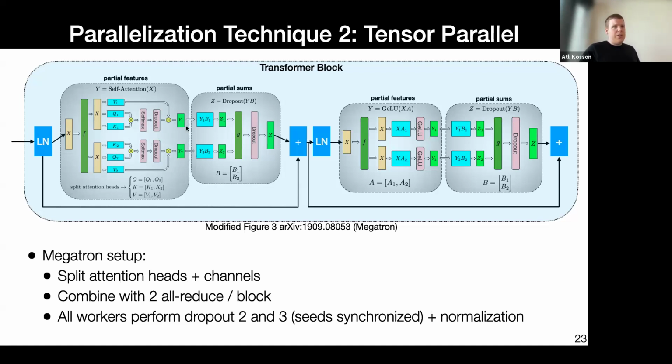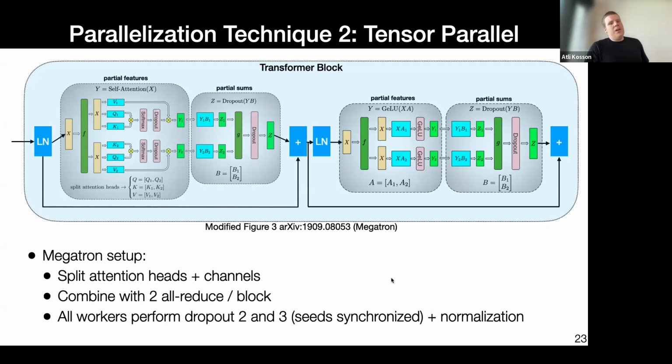For the output, each GPU will only have some neurons or some features of the output, but they will follow it up, without any communication to get the full state to each GPU, by the other trick and get these partial sums for this final matrix multiplication, and then they will sum it up. And so they only need to do one reduce across the GPUs for this subblock, and they use a similar trick on the other one.